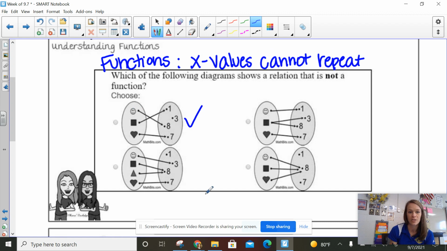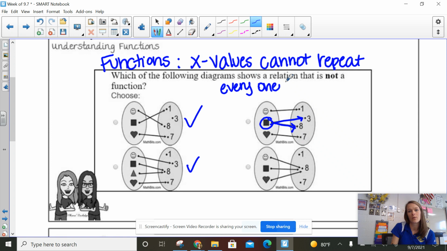That is a function. These four all go to different values. It does not matter that the square here and the triangle here both go to 8. That's fine. The thing that matters would be something like this. This square has 2 outputs, and that cannot happen in order for it to be a function. So for every one input, there can only be one output.